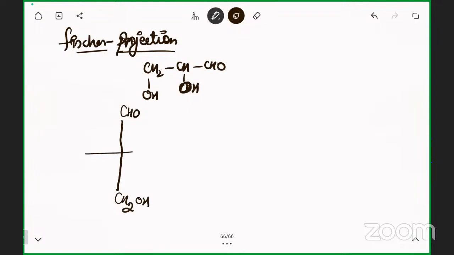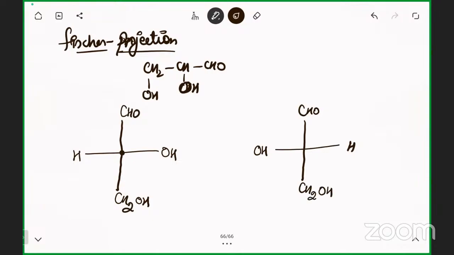The middle carbon has OH and H. If I make a mirror image, OH can be on the left side, H on the right side, CHO above, and CH2OH down. So two Fischer projections can be made of this compound.